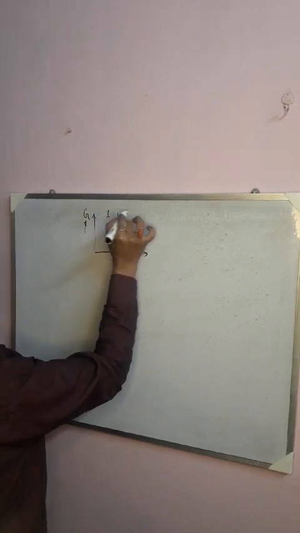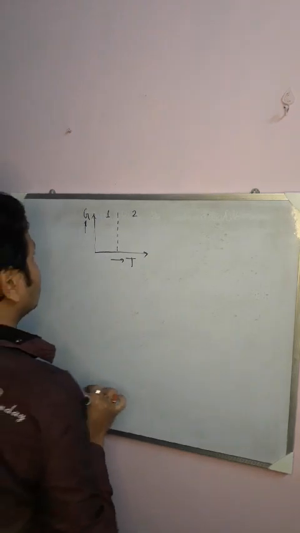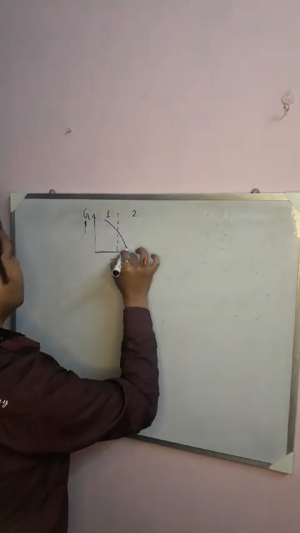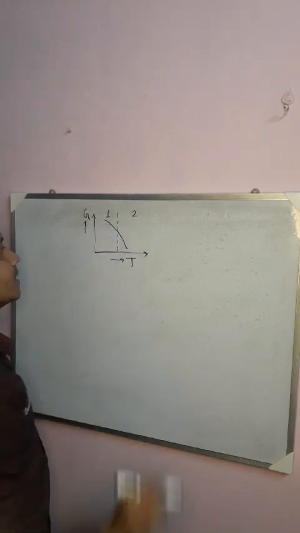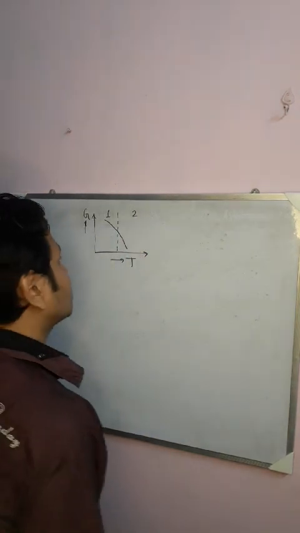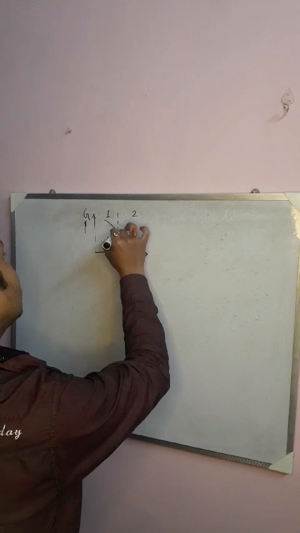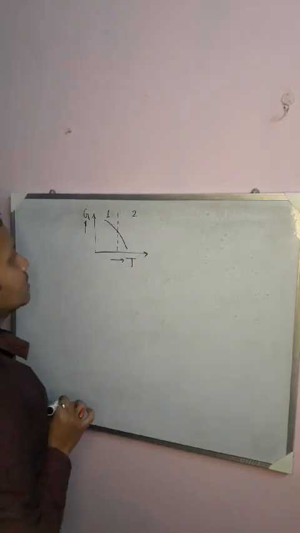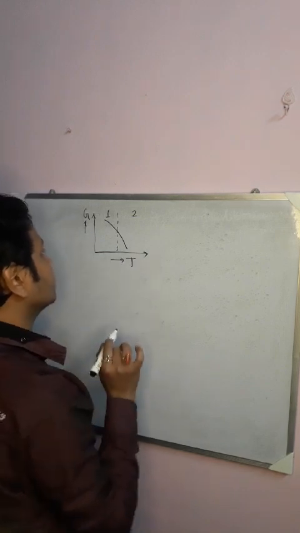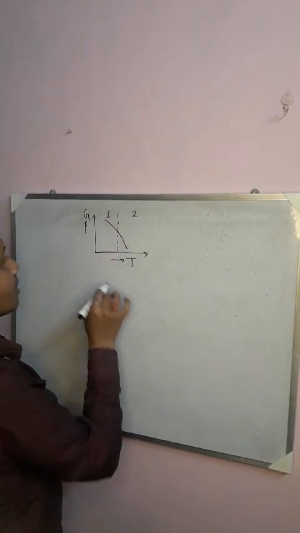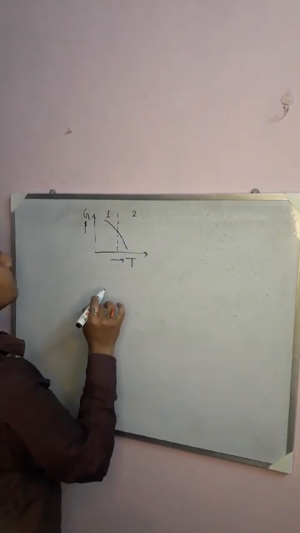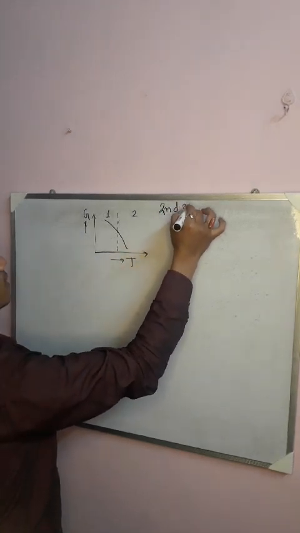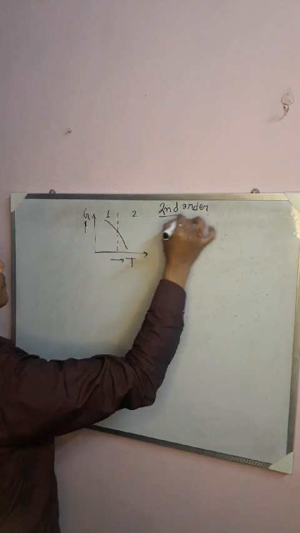This is the initial phase, this is the final phase, say. So the Gibbs potential changes continuously, that means this. So there is a continuity at the transition point. So this is the curve for Gibbs potential and temperature for second order phase transition.